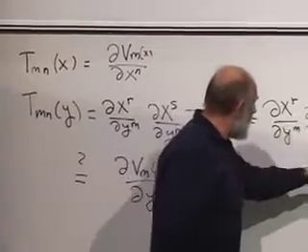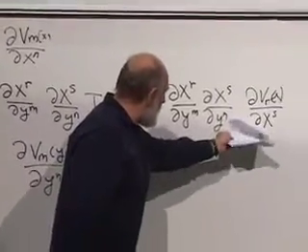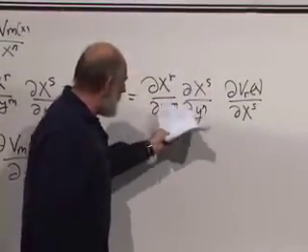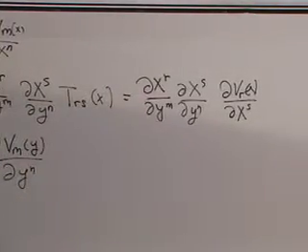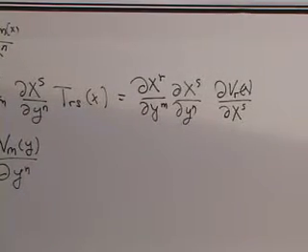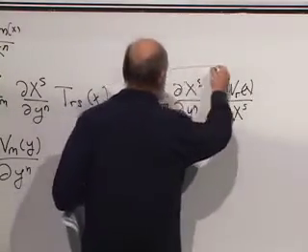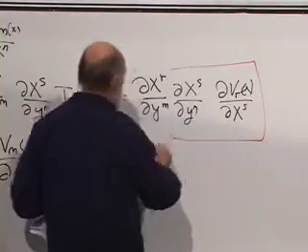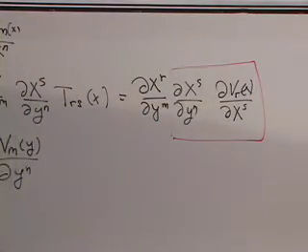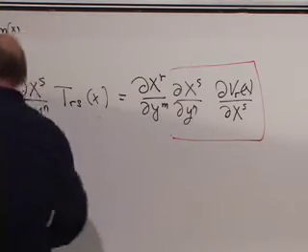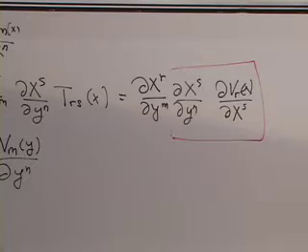What can we do with this? dVr of x by dxs times dxs by dyn. Does that ring a bell? Let's focus on this piece right over here. That's the chain rule. So what's in the red box, let's put it over here.